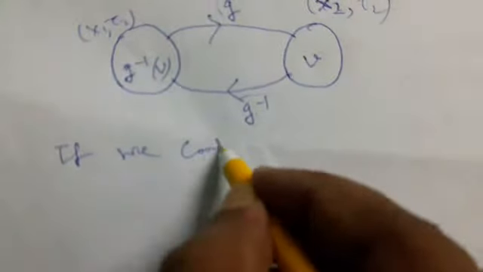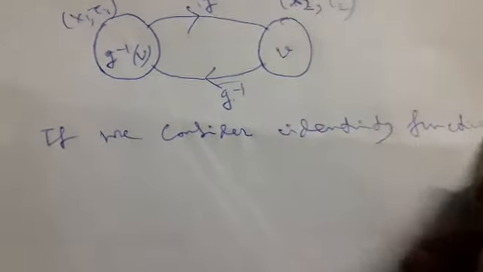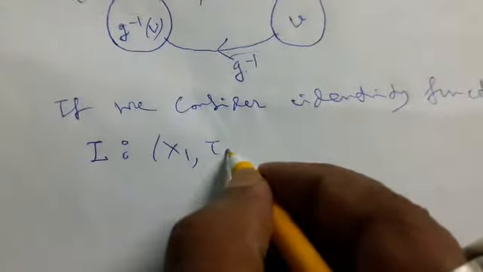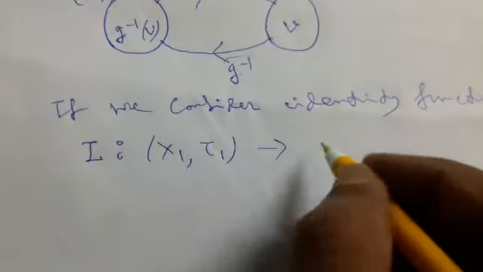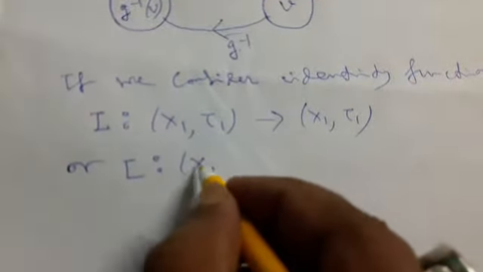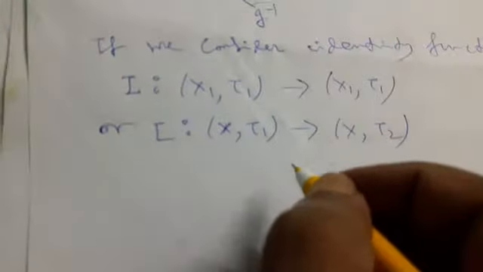Now consider the identity function, denoted by I, from (X1, tau 1) to the same space (X1, tau 1), or it may be represented as I from (X, tau 1) to (X, tau 2), where different topologies are used on the same space.